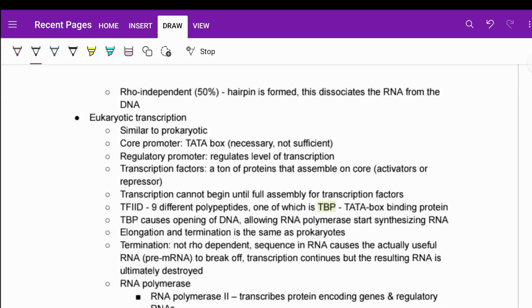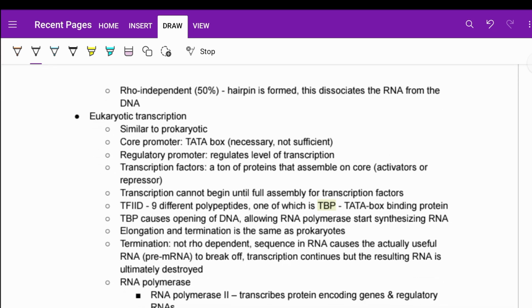However, if it's rho independent, then the mRNA actually forms a sequence where it starts to attach to itself, and a hairpin is formed, and this hairpin structure is able to dissociate or remove the RNA from the DNA so the DNA can go back to being its normal state.